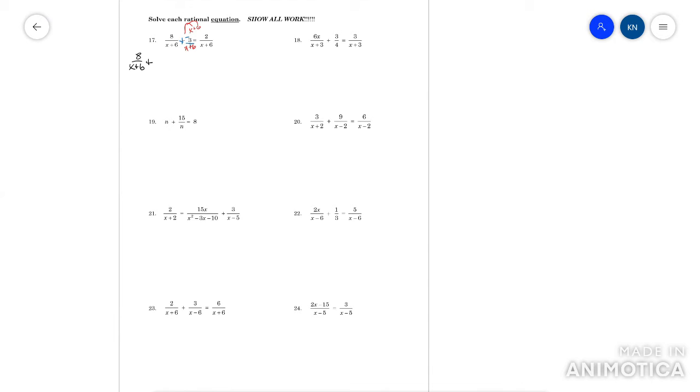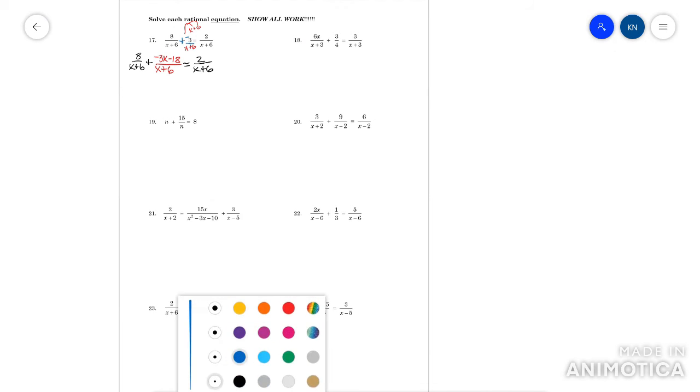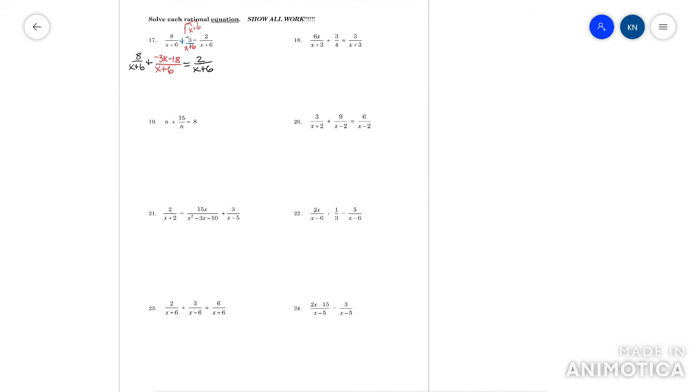Now the middle becomes negative 3x minus 18 over x plus 6. And then it's equals to 2 over x plus 6, like that. Okay, and the reason you want to get all of these denominators the same is because now you can ignore the denominator, and then you can just solve the numerator.